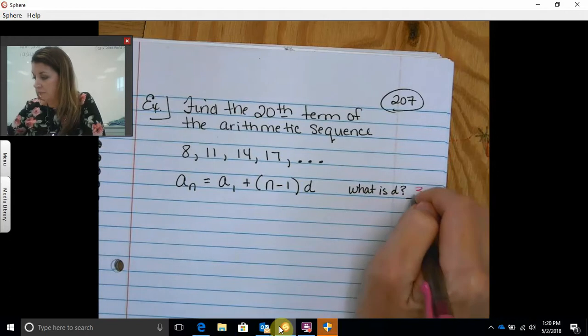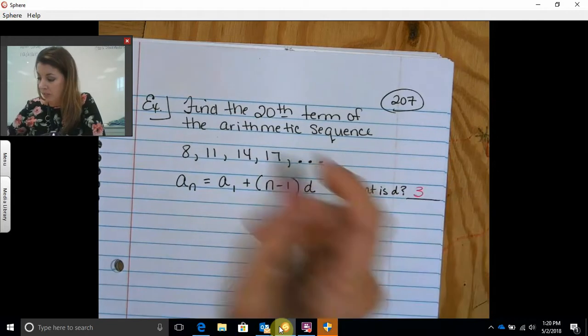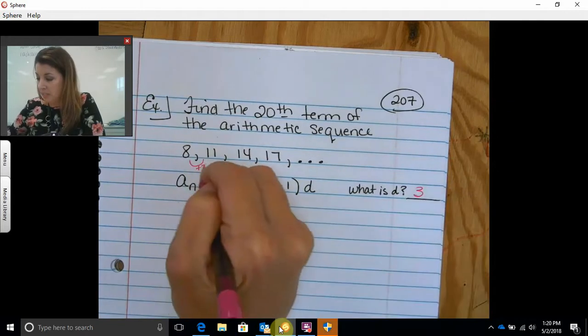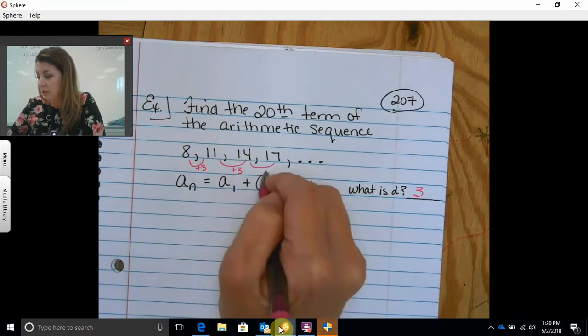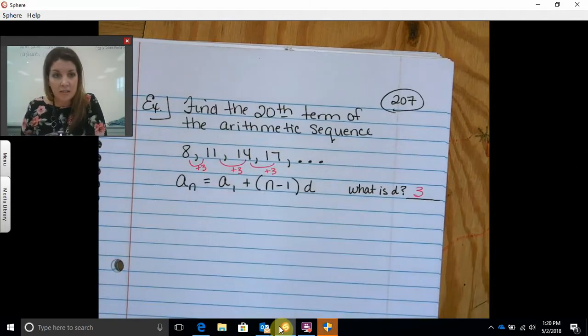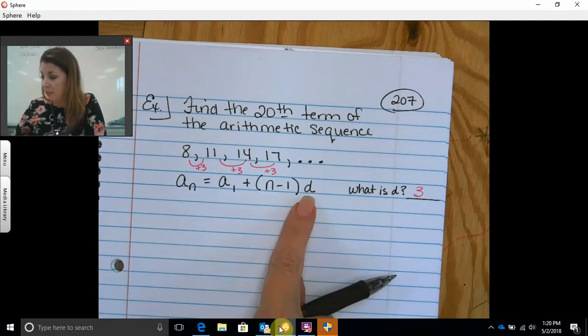Everybody get that? Because 8 plus 3 is 11. 11 plus 3 is 14. 14 plus 3 is 17. Therefore, d is 3. That's the common difference, right? So we know we're going to end up putting a 3 there.